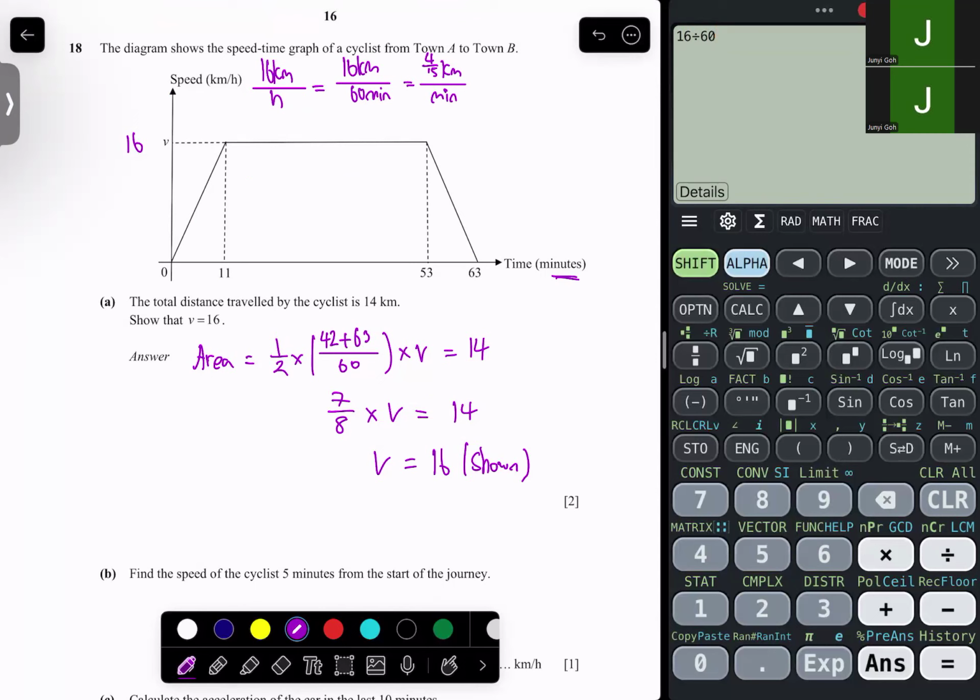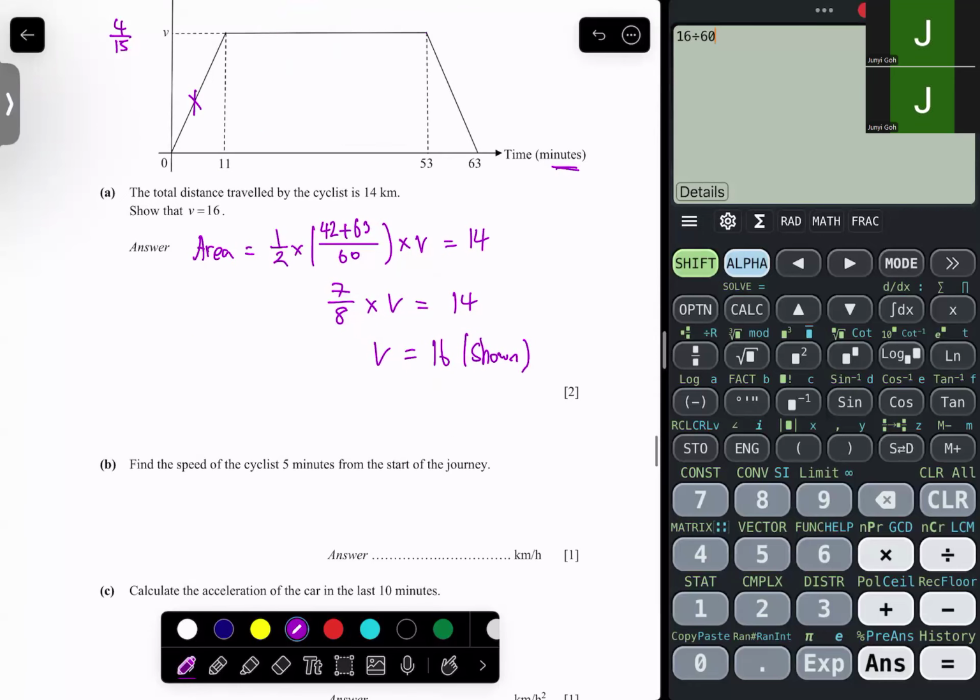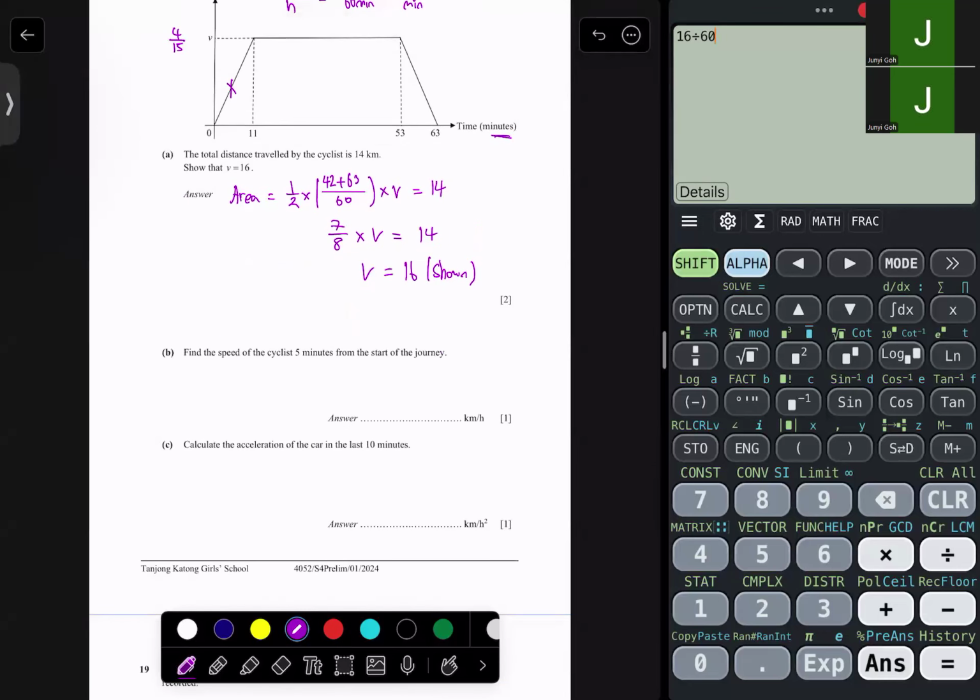Okay, so let's change that. Instead of looking at it as 15, I look at it as 4 over 15 km per minute. Then we are able to find out what happened at 5 minutes. So acceleration is 4 out of 15 minus 0 over 11 minus 0, then times 5.